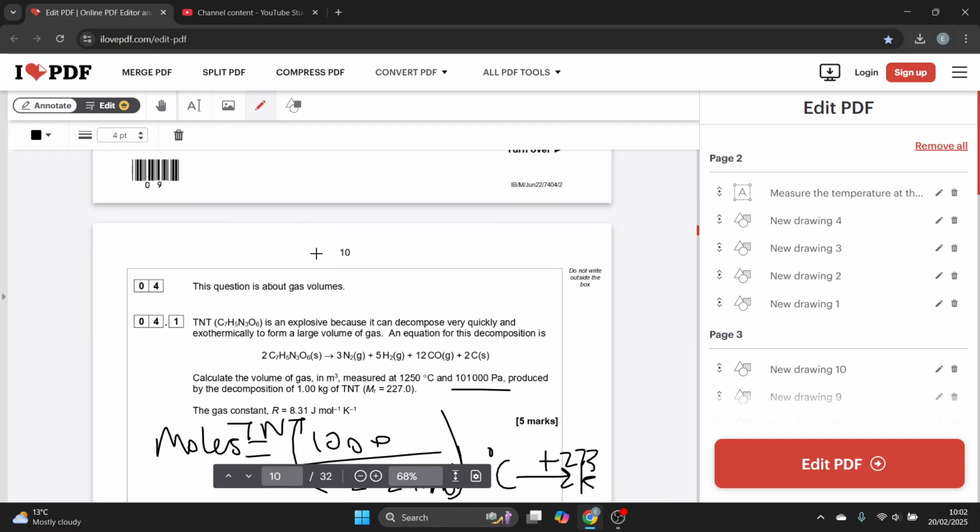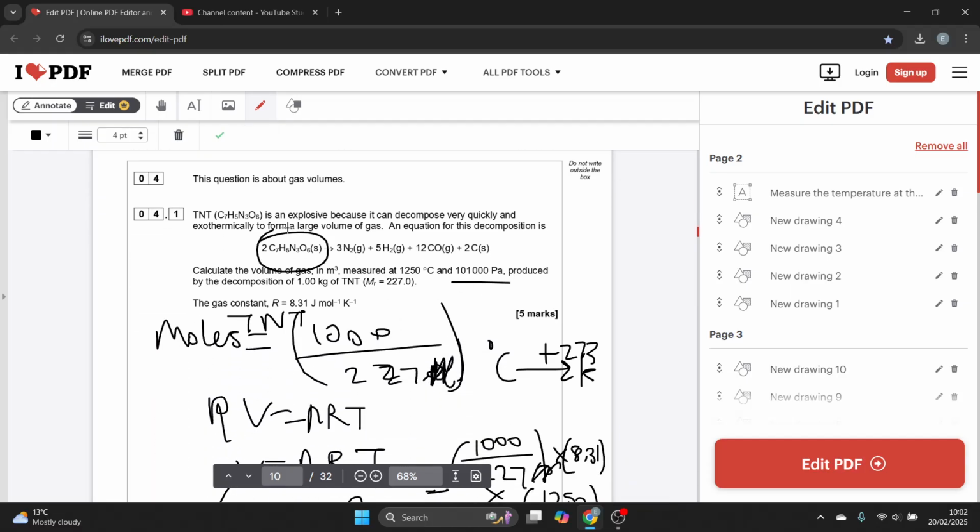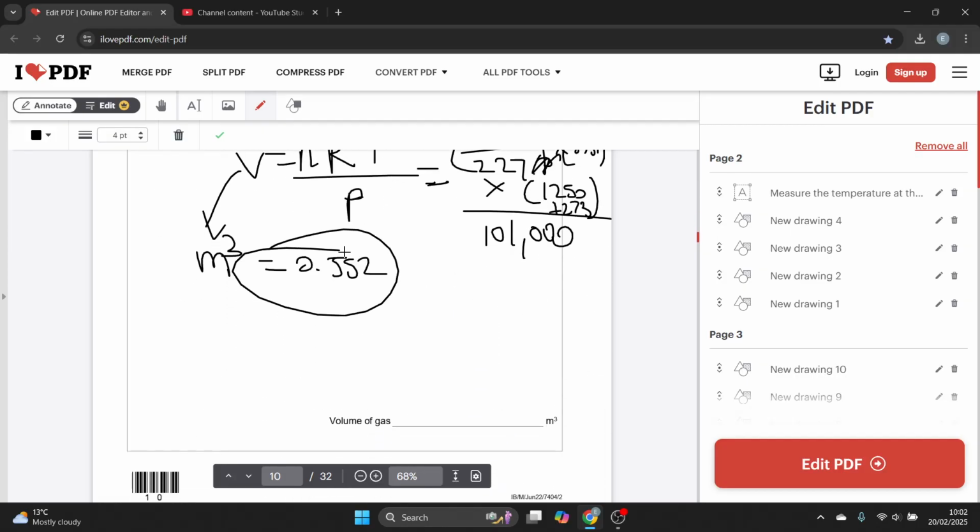Then I want to know the volume of gas produced by the decomposition of this. So I don't care about this carbon, I don't care about that. What's the molar ratio? I've got 2 here, and then here I've got 3 plus 5, which is 8, 8 plus 12, which is 20. So whatever the volume I've got here, I'm going to times it by 10, giving 5.52 meters cubed.